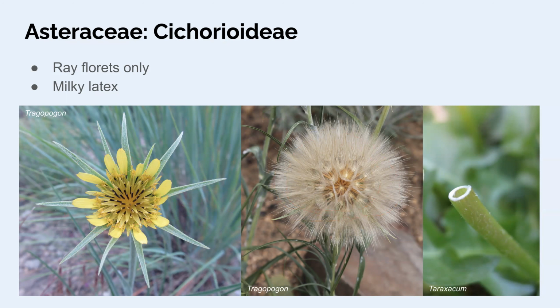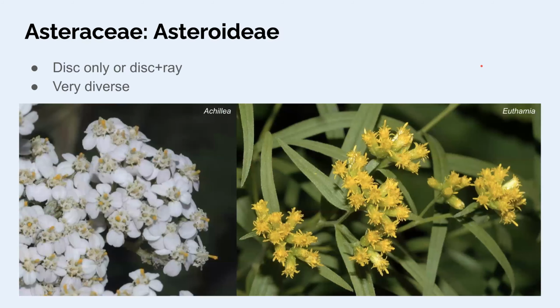So knowing the florets of the flower heads is helpful for these first two subfamilies. And then this subfamily has an additional characteristic where it has milky latex. So if you've ever taken dandelions apart, you'll notice that they are bleeding this milky latex.